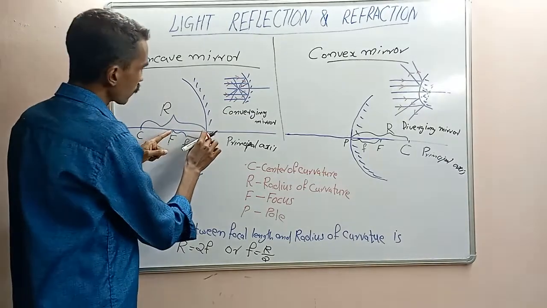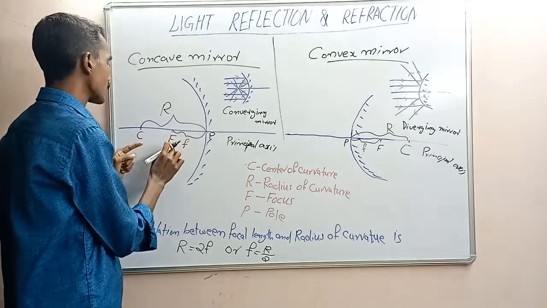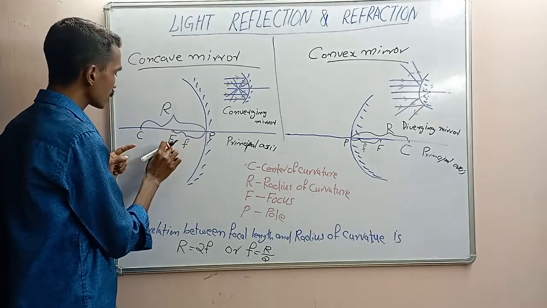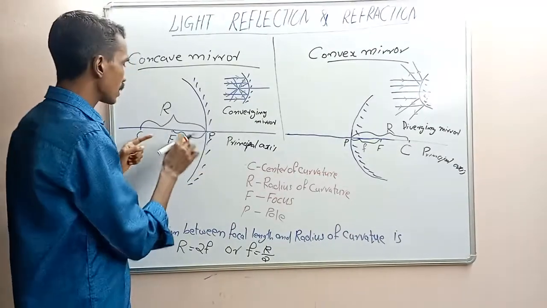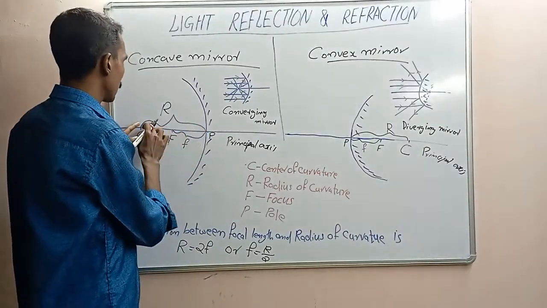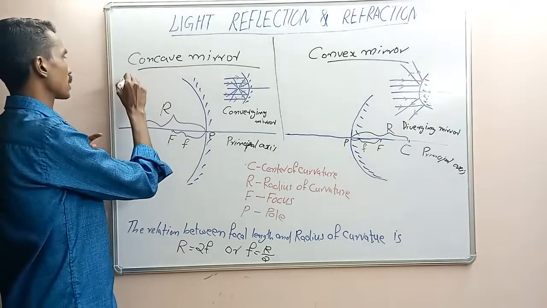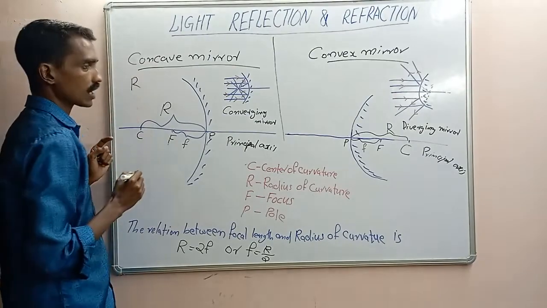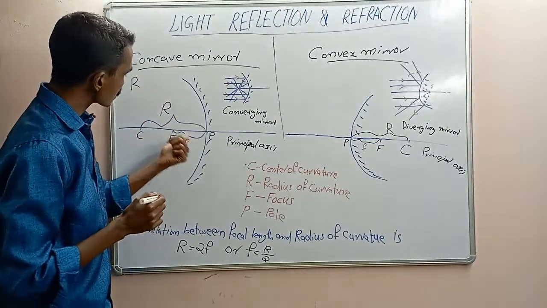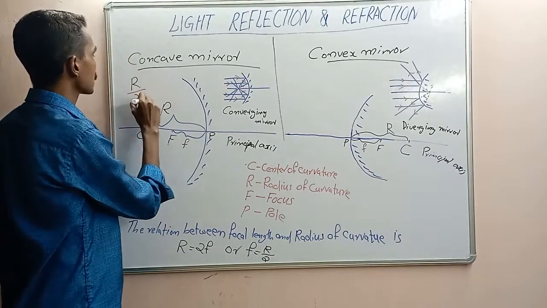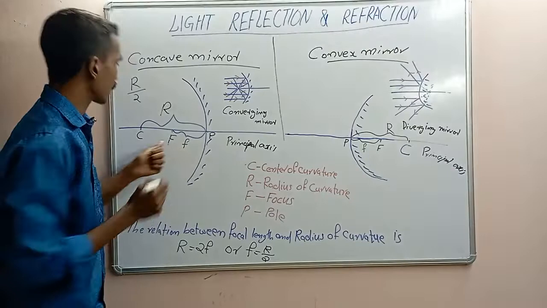So the length from the pole to the focus is the same as from the focus to the center of curvature. From the pole to the center of curvature we call it the radius of curvature R. So the focal length is just half of it.